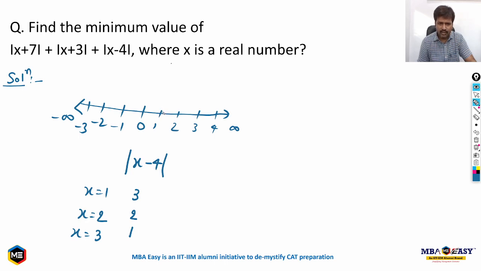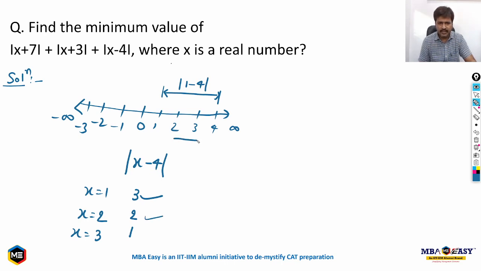So what are we now seeing here? If you take x is equal to 1, the value is coming out to be 3. You can take it this way: if you are taking x is equal to 1, this is nothing but the distance between 1 and 4. The distance between 1 and 4 is 3 units. So this distance is mod of 1 minus 4. If you are taking x as 2, the value is coming out to be 2.